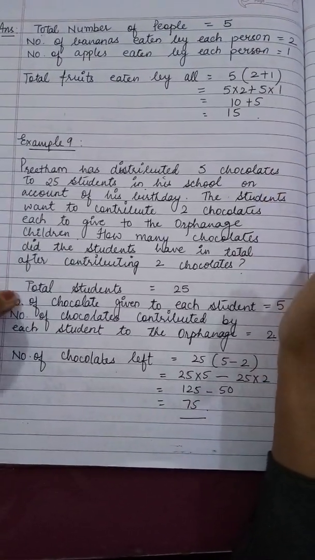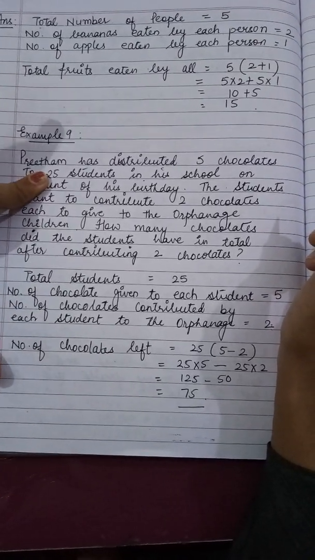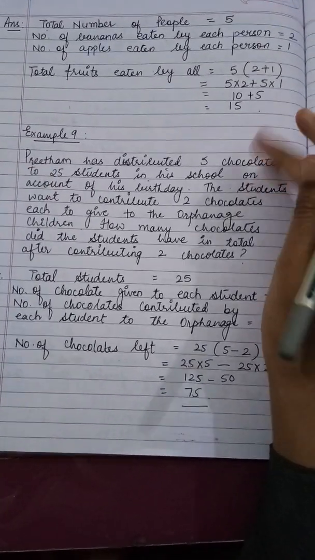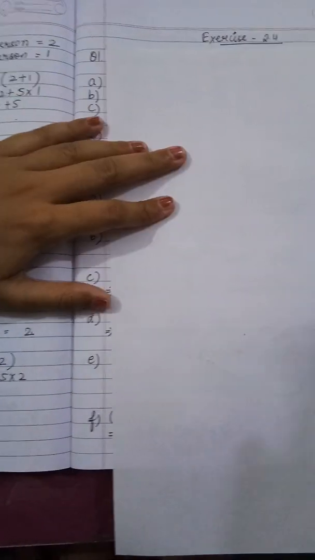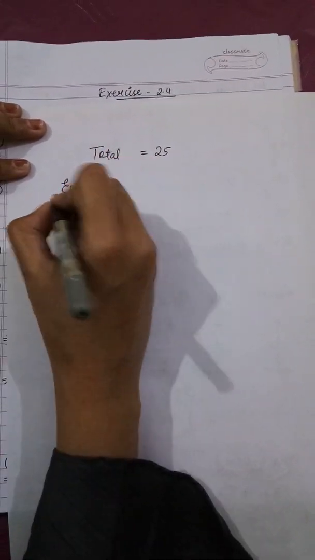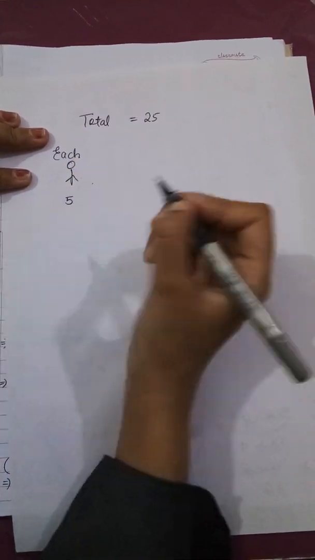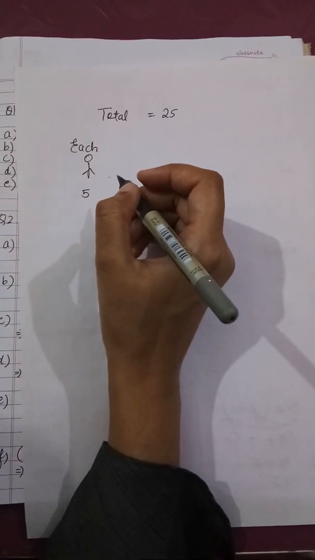Now see, there are how many students? Total, there are 25 students in this school. To each child, for example this is one child, Pritham is distributing 5 chocolates.